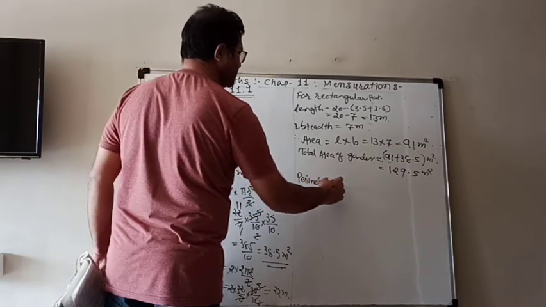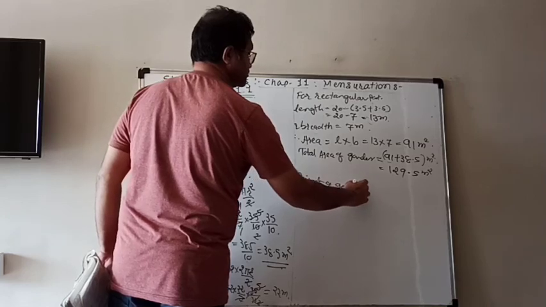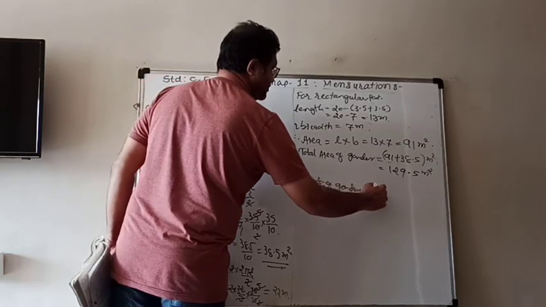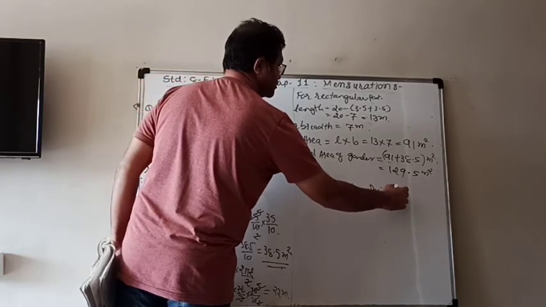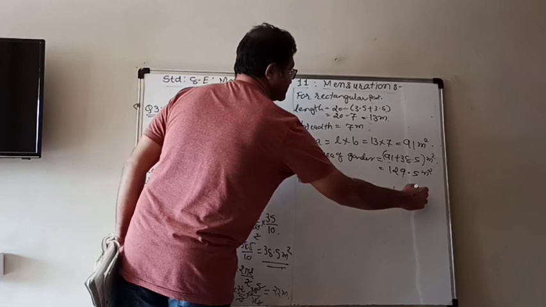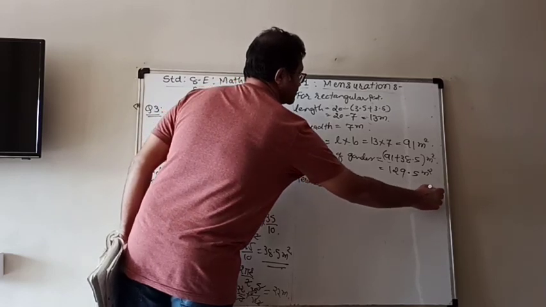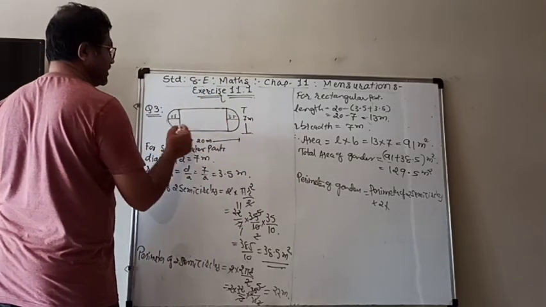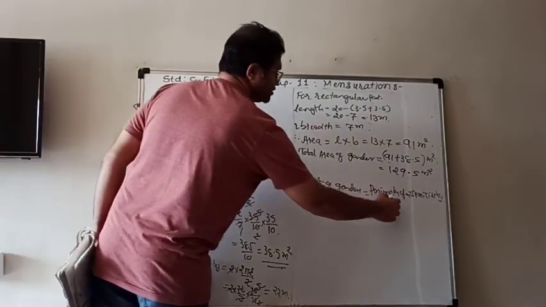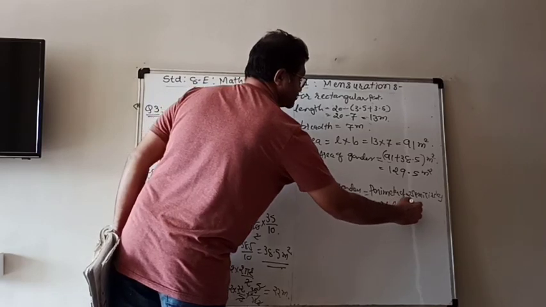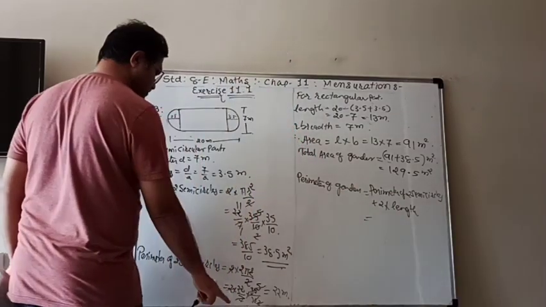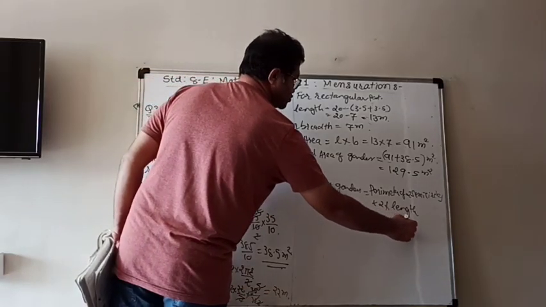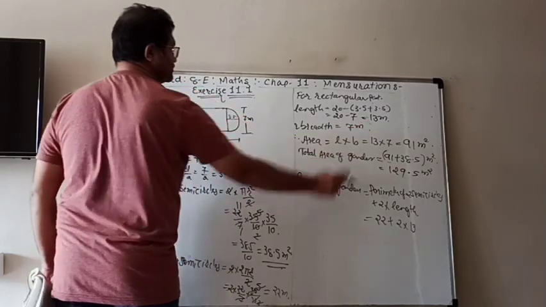Now, the perimeter of the garden. So, perimeter of the garden will be the perimeter of two semicircles plus 2 times the length. Only those two lengths you should add. So the perimeter of two semicircles we already found, 22, plus 2 into length, which is 13.